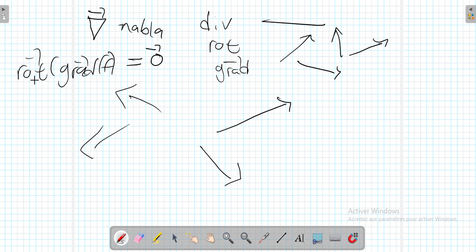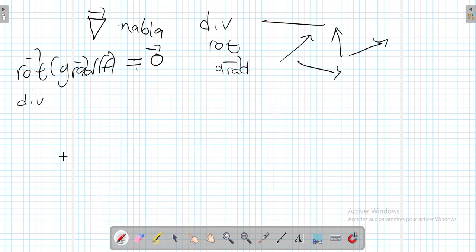But you put an arrow because rotation gives us a vector. Divergence gives us a scalar. Gradient gives us a vector. The gradient is not a rotating vector. So you find this property.